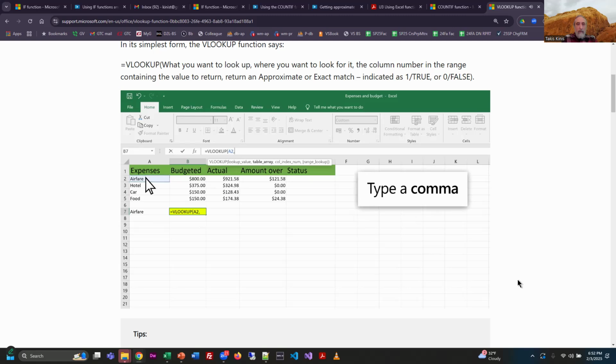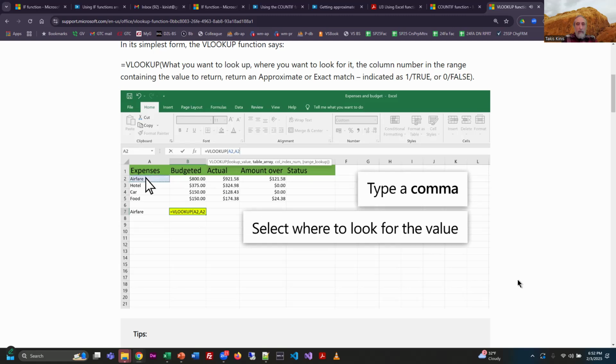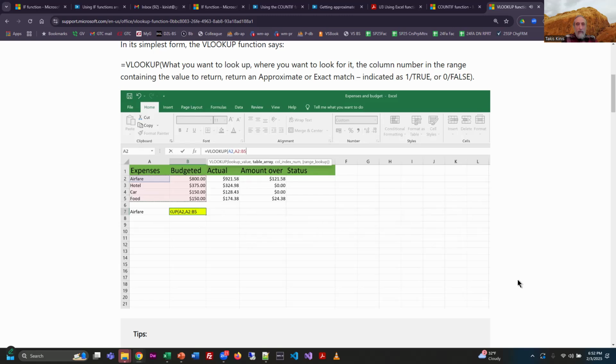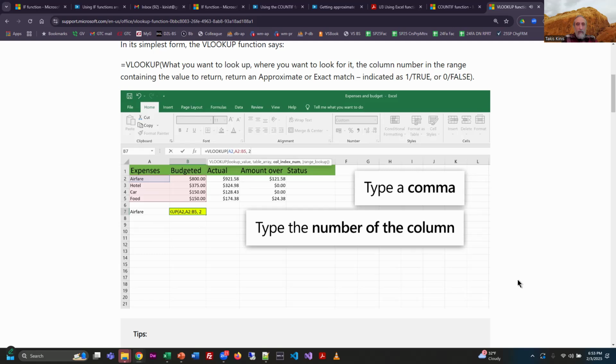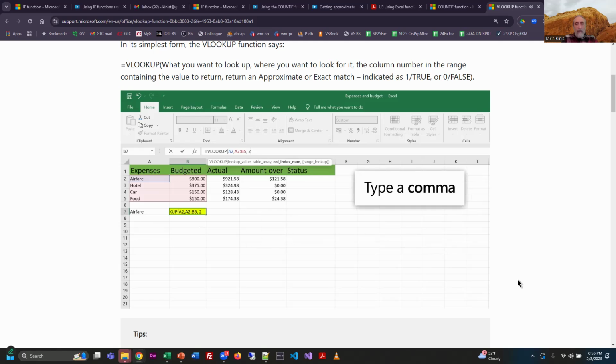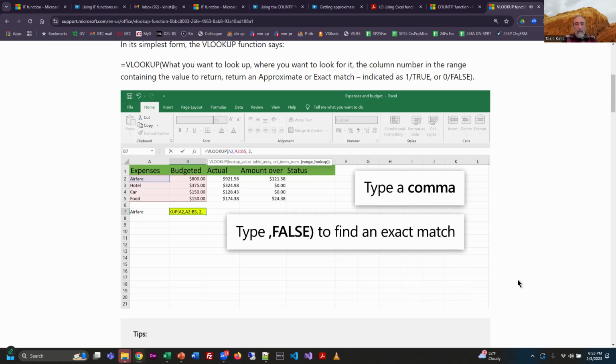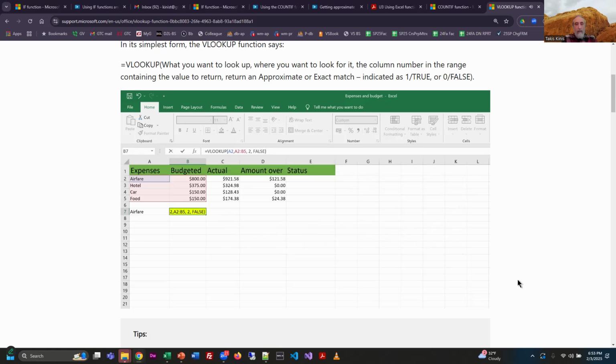Type a comma, and select the range or table to look for the value. Type a comma, and the number of the column where the lookup value is located. Type a comma. False, right parenthesis, to find the exact value. Press enter.